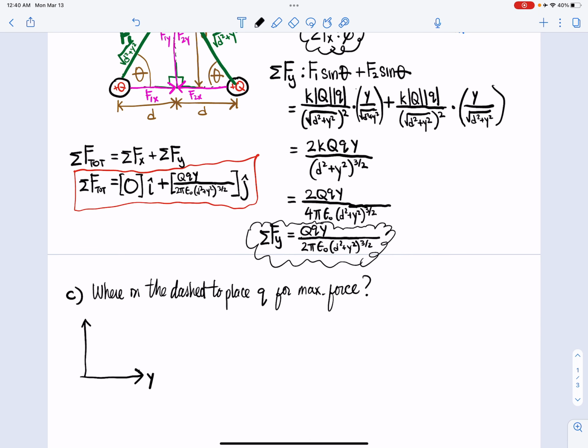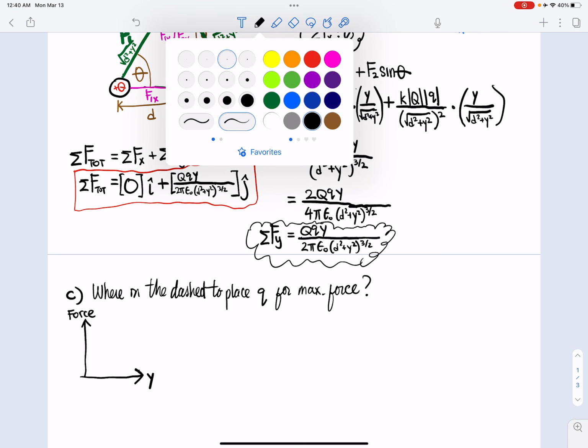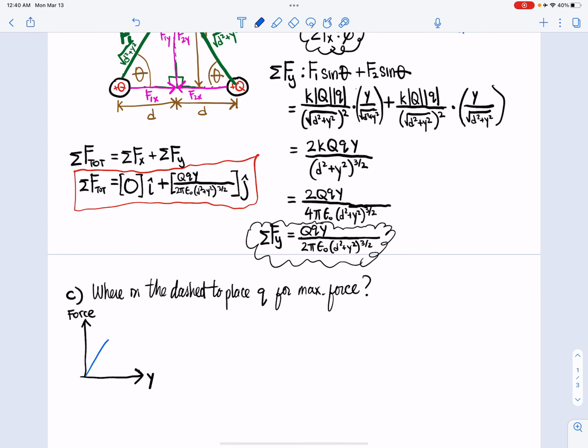And then let's call this my force line. If I wanted to get the maximum force along y, where would the maximum force be? If this was my force, then the maximum force would be somewhere here. That would be F max. Maximum force would be this point right here.